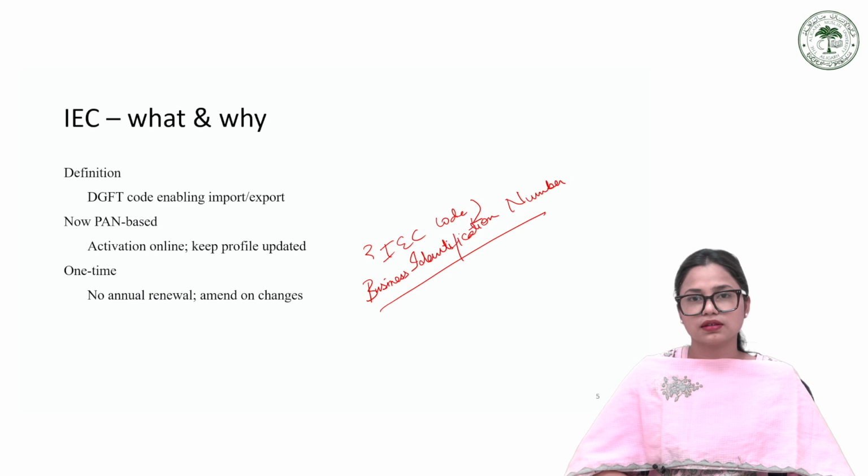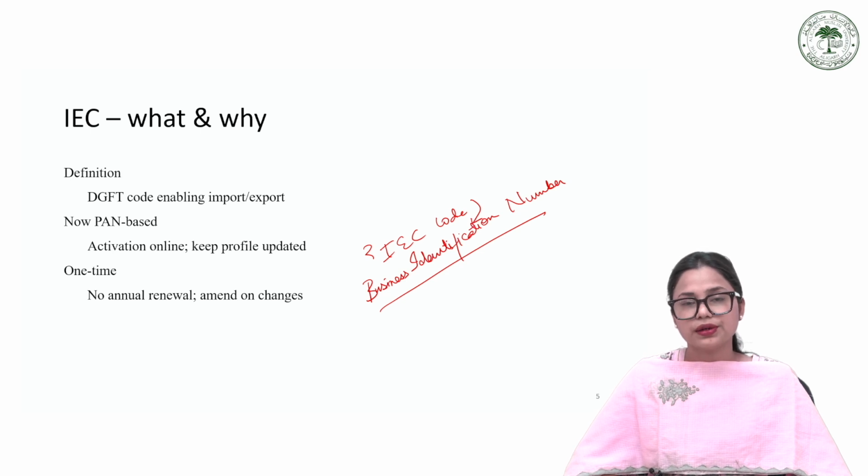The basic and fundamental document that an exporter must have and should be supplied before applying for an IEC code in the DGFT portal is a permanent account number. The activation and entire process of application is online now, and every exporter should maintain an updated profile from time to time.